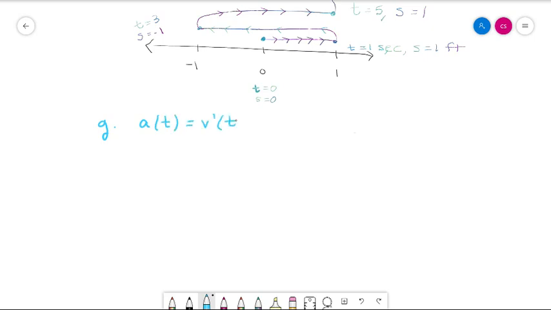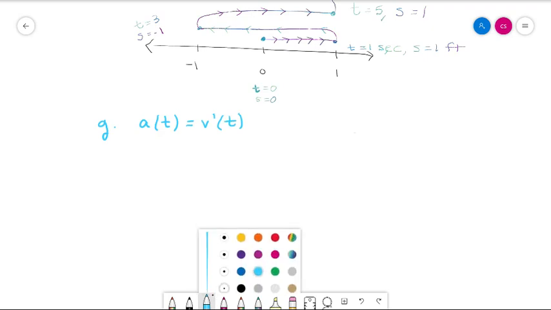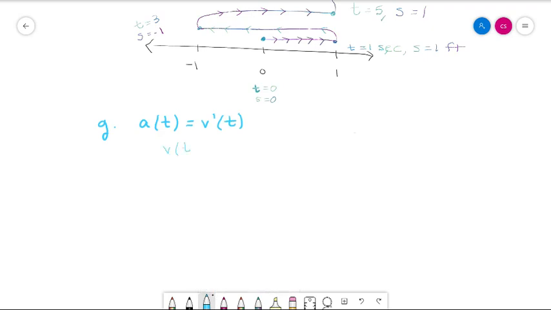So it's v prime of t. The velocity function, we've found that. The velocity function is pi over 2 cosine of pi t over 2.